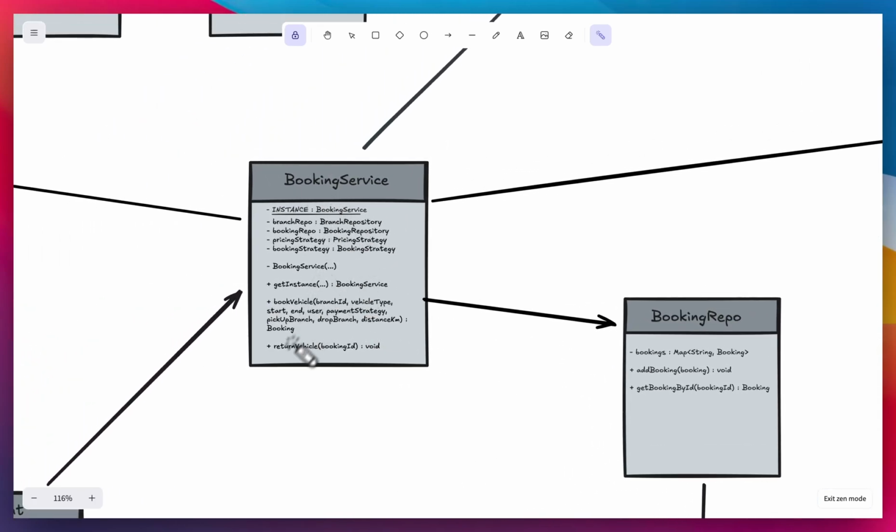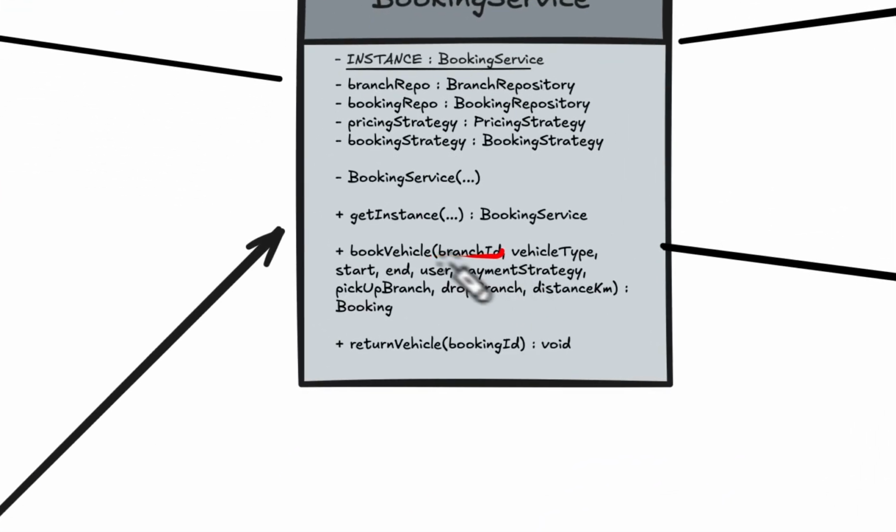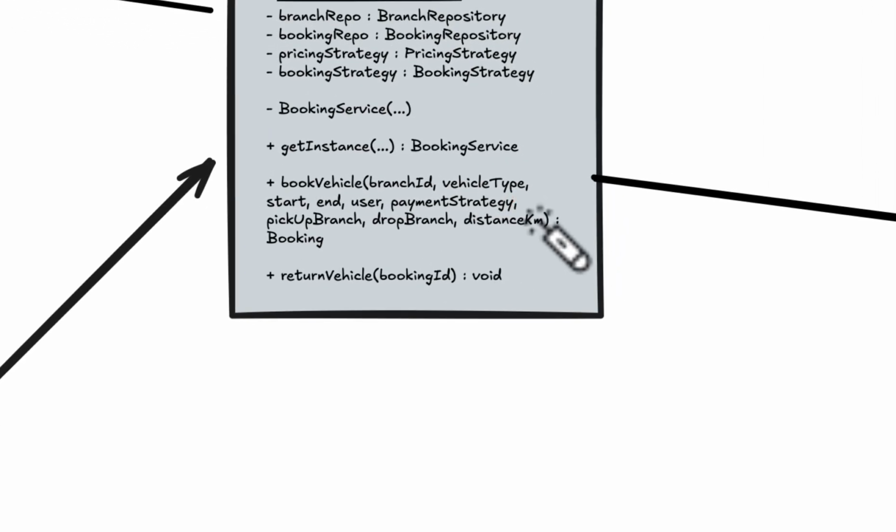Now this booking service has two main functions. The first one is book vehicle, which will book the particular vehicle from this branch ID, and this is the type of the vehicle which we want to book. This is the duration for which we want to book that vehicle, and this is the payment strategy that we would be using in order to book a particular vehicle.